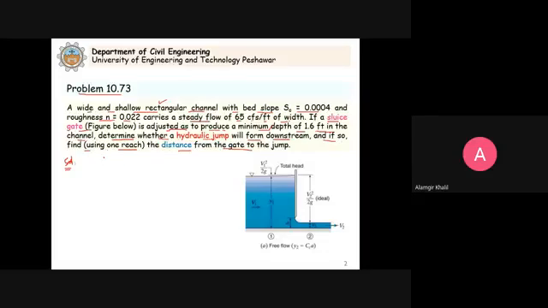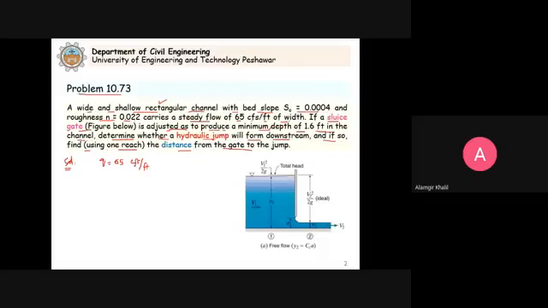This 65 is small q. So we have small q equal to 65 CFS, that is cubic foot per second, per foot. So this is unit discharge.